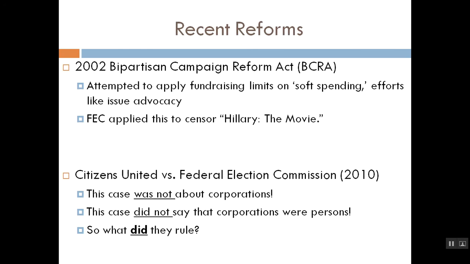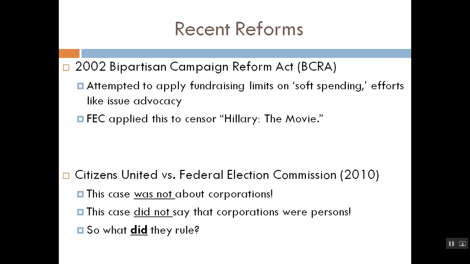So now we're at our fourth and final major development in the history of campaign finance law for our country. In this case, Citizens United, the Supreme Court is going to strike the portions of the BCRA which limit soft money expenditures for independent parties. So after Citizens United, you're allowed to spend as much money as you want in order to share information about political leaders or your opinions on elections or your opinions on key issues.